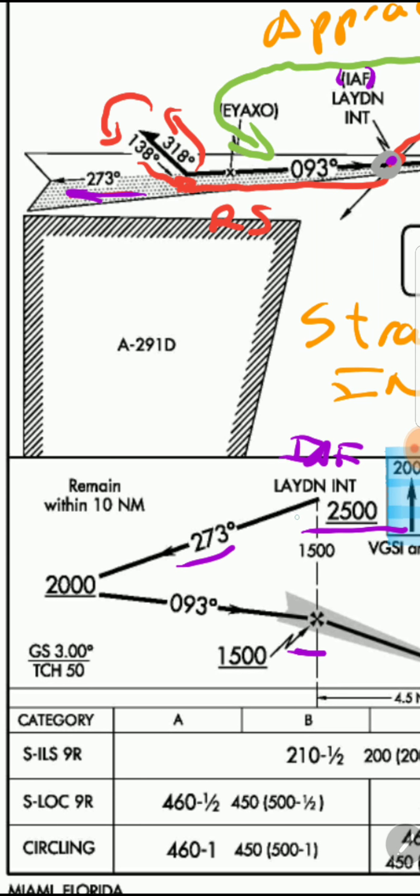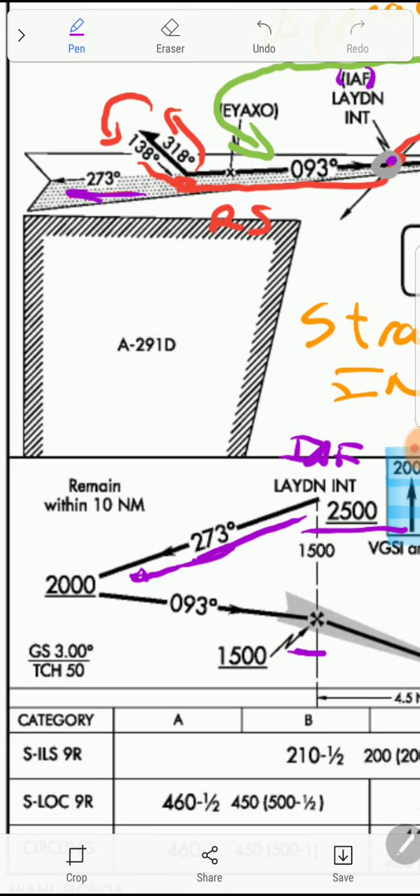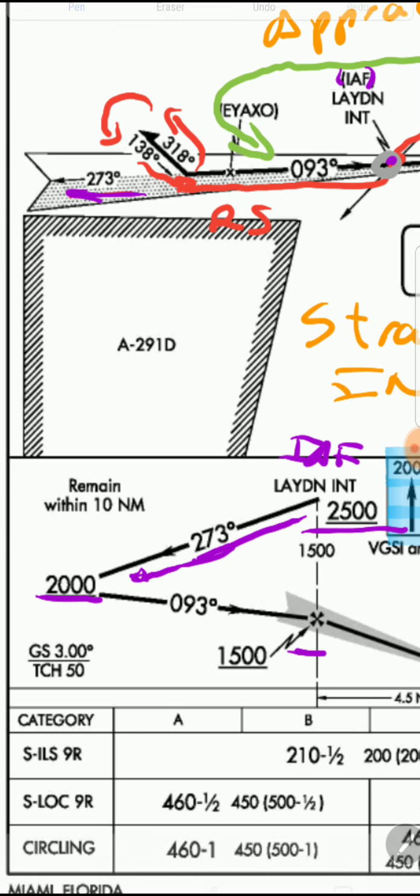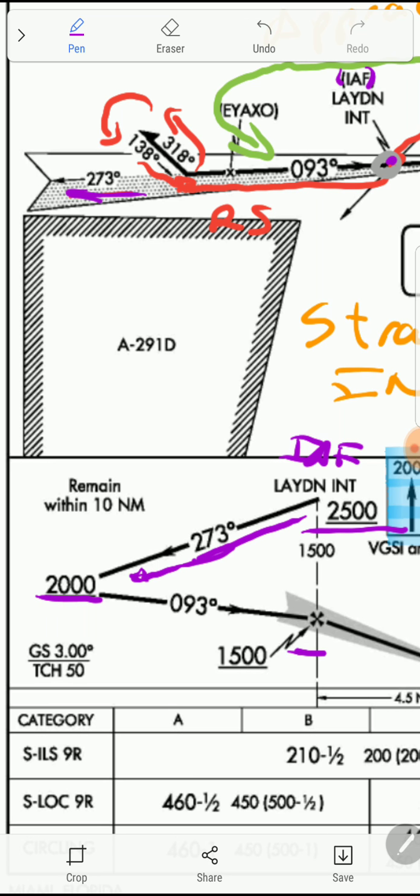Then you start descending on the 273 outbound course until what altitude? At or above 2,000. Until when should I keep my 2,000?